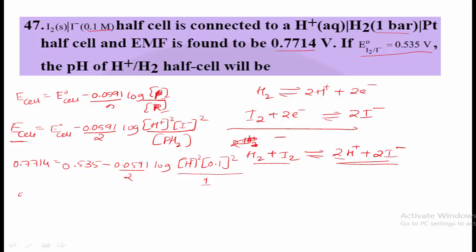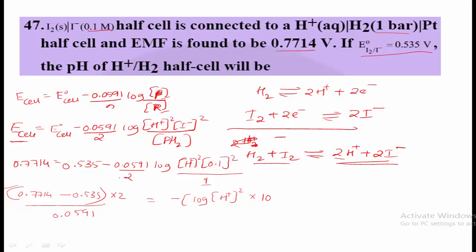Now simplify this. 0.7714 minus 0.535 into 2, I have cross multiplied this, then divided by 0.0591, that is equal to minus log of H plus square into 0.1 into 0.1.